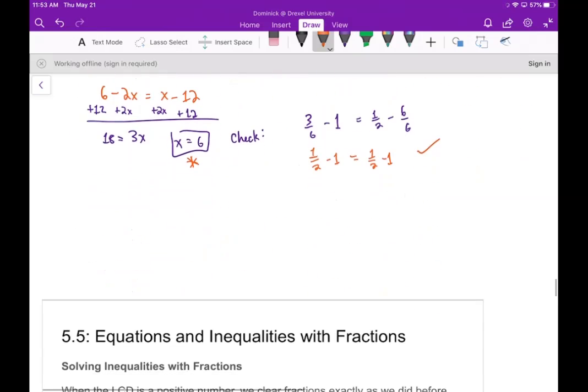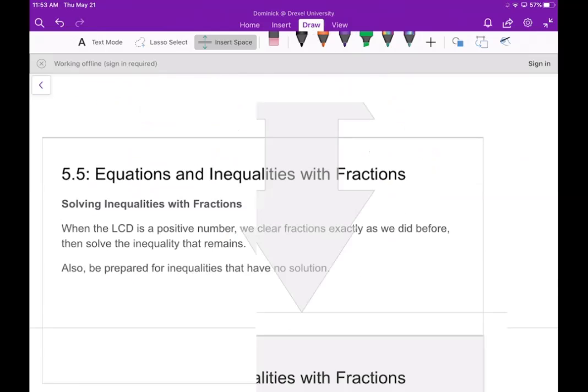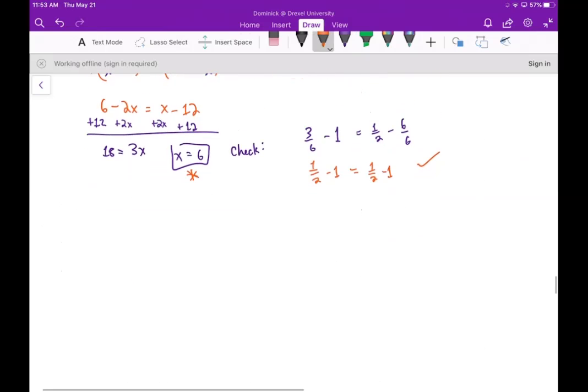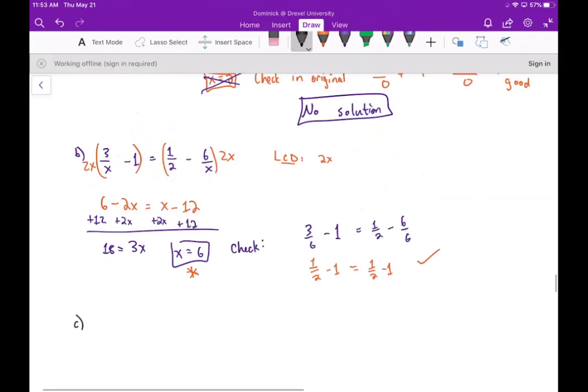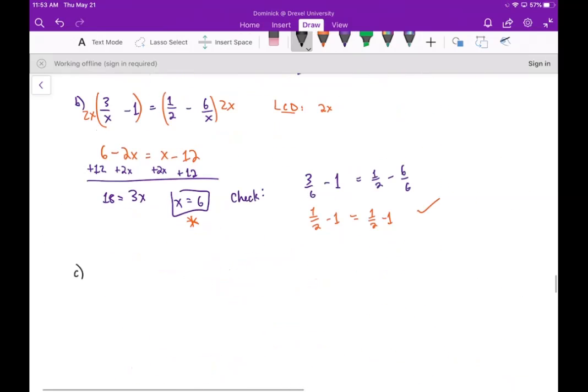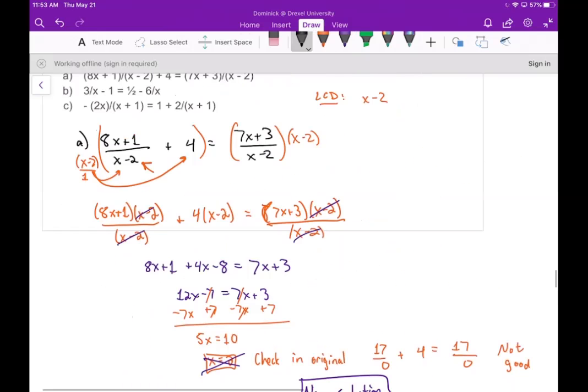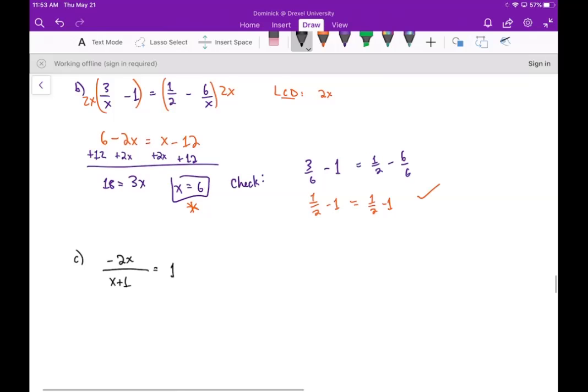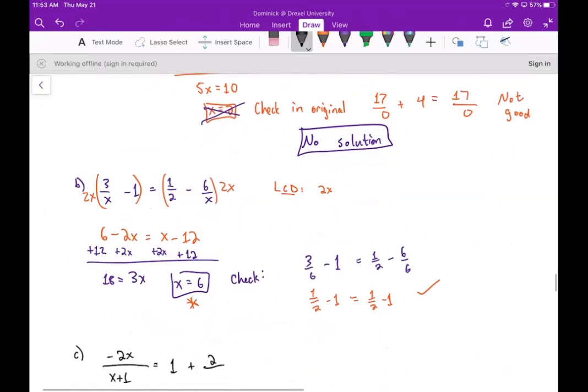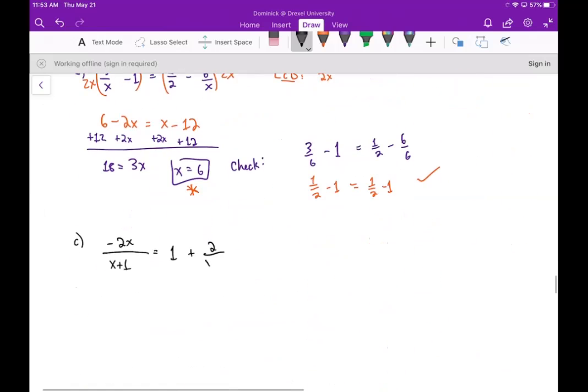Okay, part C, let me give myself a little more room. So for part C, we have negative 2x over x plus 1 equals 1 plus 2 over x. Was that plus 1 or minus 1? Plus 1 still, okay. So again, in this case, the LCD is the only denominator we have. It's just x plus 1.